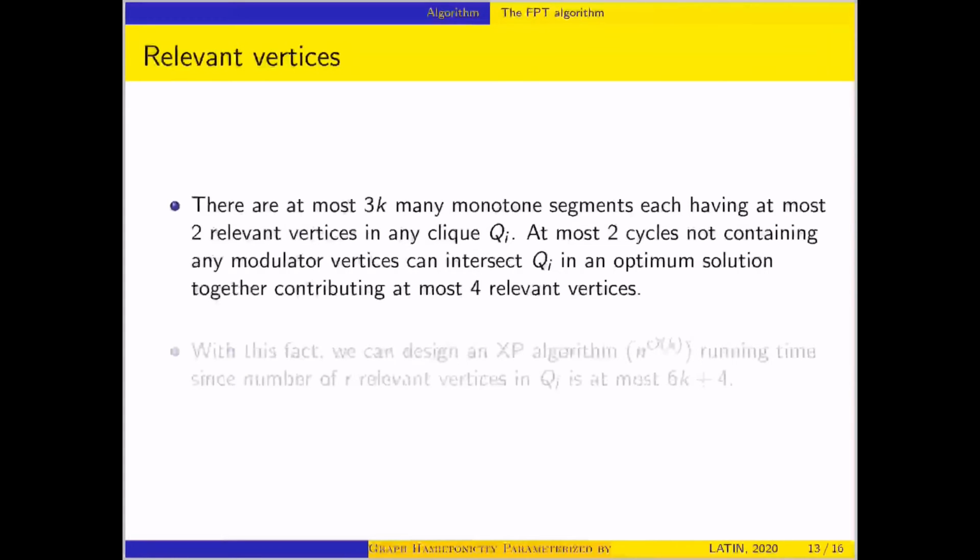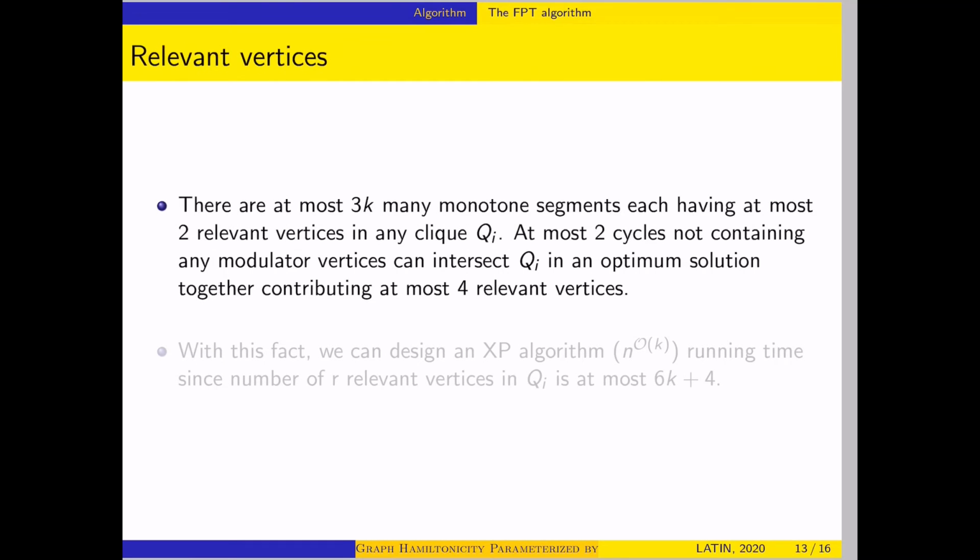If there are 3 cycles, you can replace these 3 cycles with 2 cycles and get a smaller cycle cover. These 2 cycles can have at most 4 relevant vertices. So, now the number of relevant vertices in a clique becomes 6k plus 4. With this observation, we can design an XP algorithm.